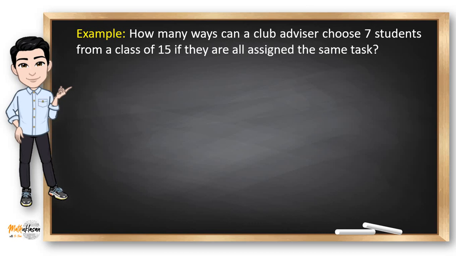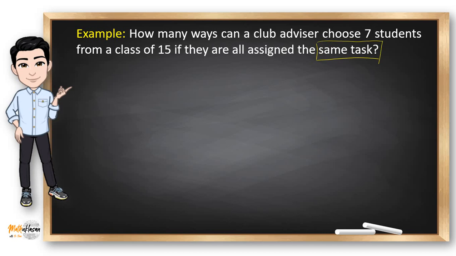How many ways can a club advisor choose 7 students from a class of 15 if they are all assigned the same task? So remember, the arrangement of the students here won't matter because they will just do the same task, right?